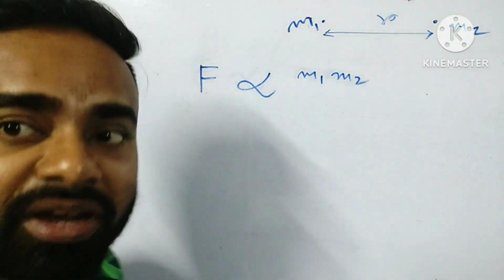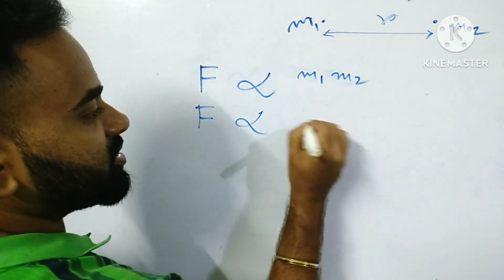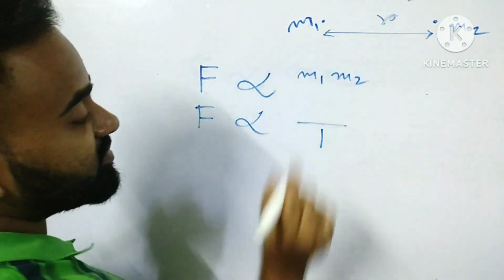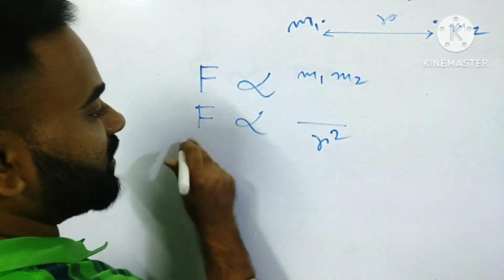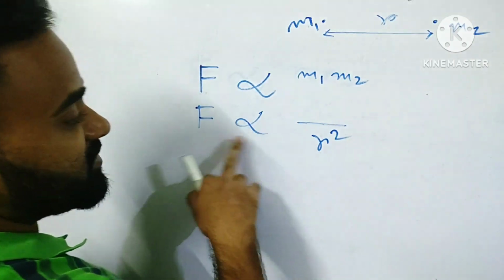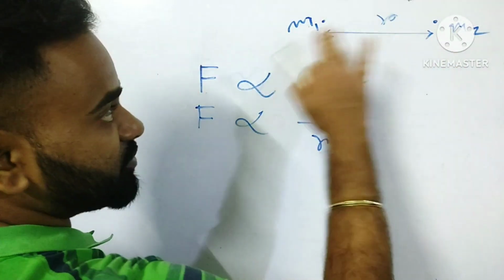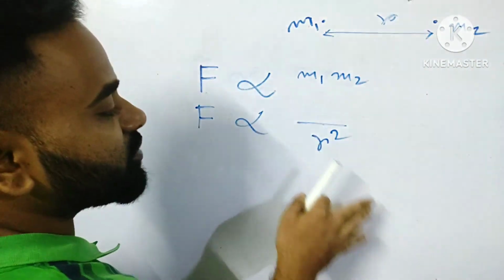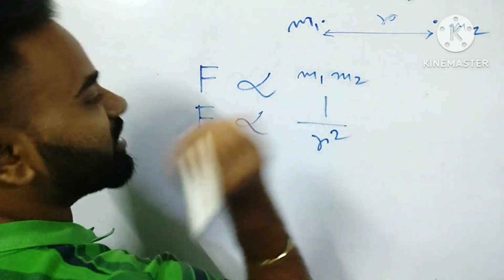And the second point is that the force is inversely proportional to the square of the distance. Here the distance is r, so the square of the distance is r square. So F is inversely proportional to the square of the distance between the masses, which means F is proportional to 1 by r square.